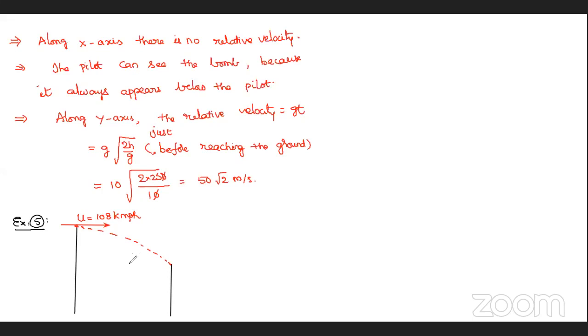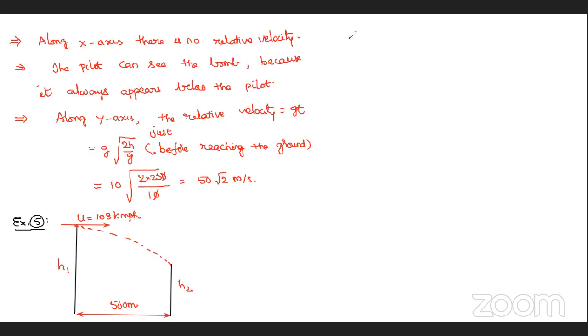So here, if I give the width of the valley between the two hills as say 500 meters, then what is the difference in the heights of the two hills?